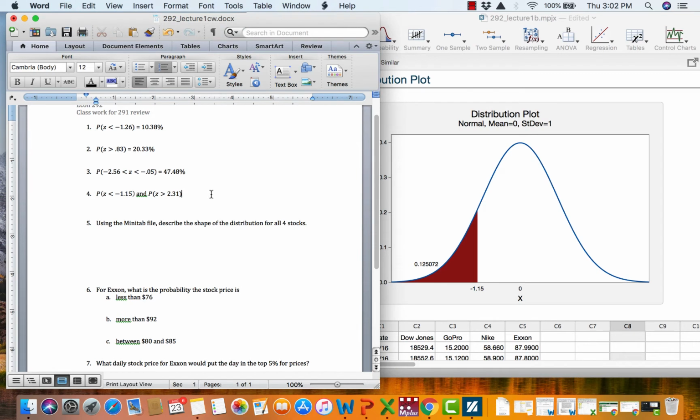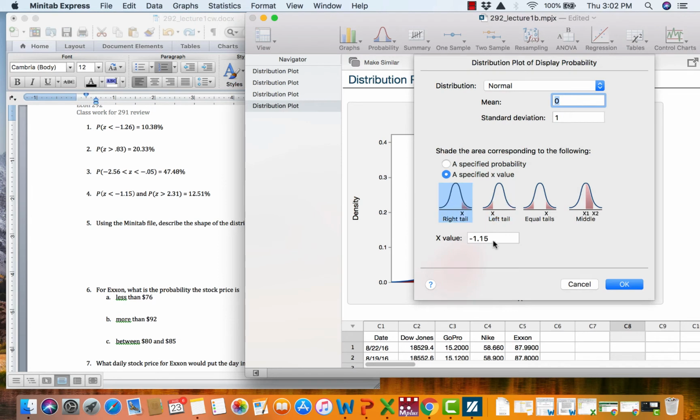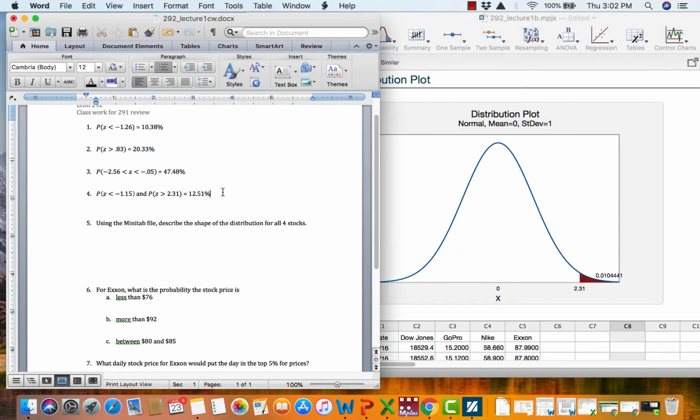And that answer is 12.51%. And then we also want the probability that z is greater than, so right tail, of 2.31. And we are going to add these probabilities, and we're going to add 1.04%, and that is going to give us 13.55% as our final answer.